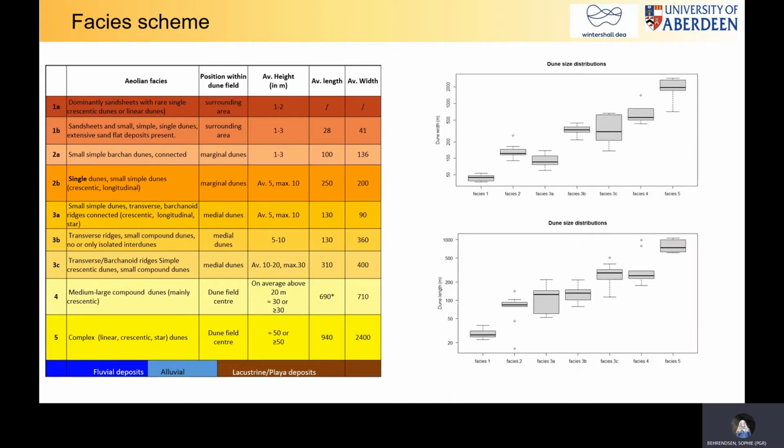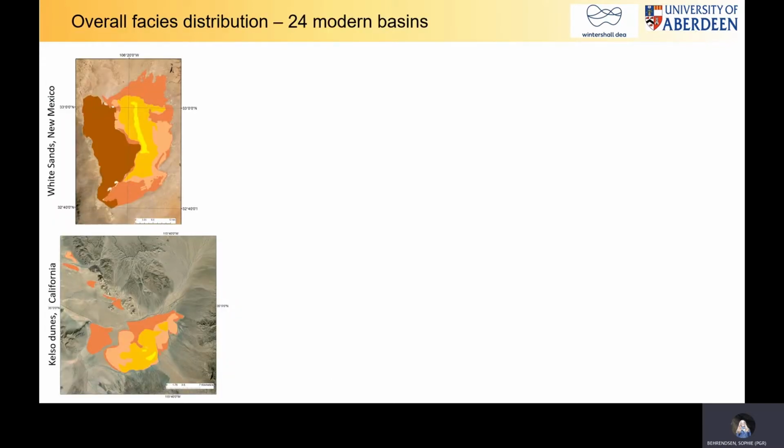To show that again here, you can see the ranges of the dune sizes within the different facies based on measurements from satellite images. So we measure dune length and width perpendicular to each other, and you can see the sizes increasing as the number of facies increases as well.